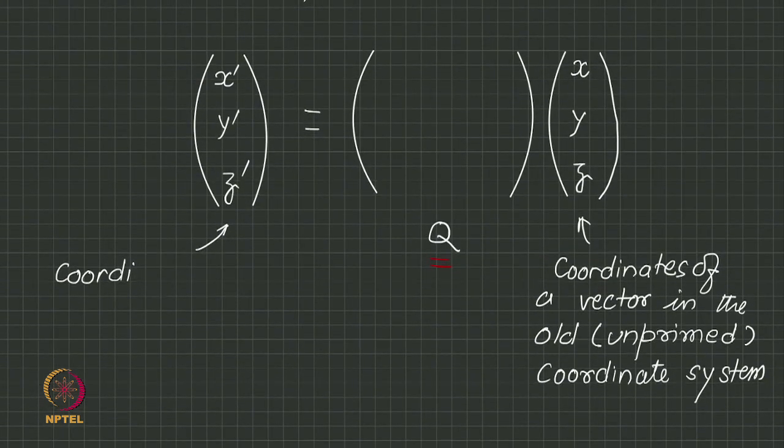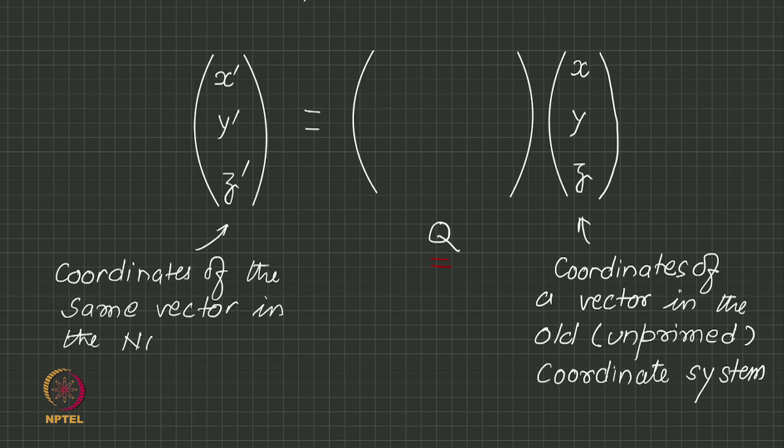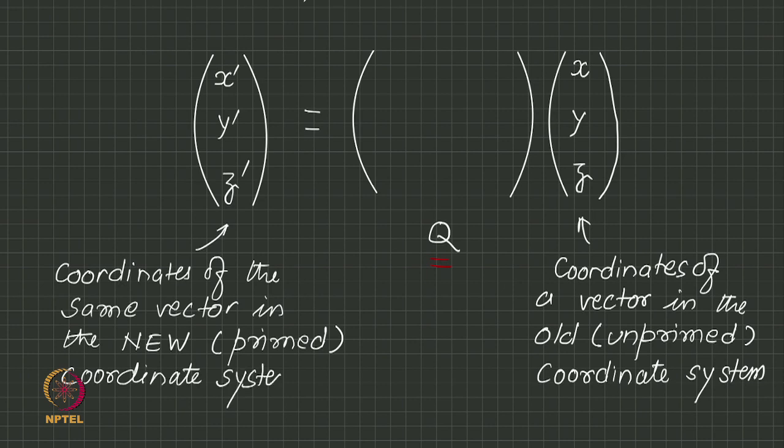So, what should this coordinate transformation matrix do? It is supplied with the old coordinates, the matrix multiplies the old coordinates and gives you the new coordinates. So, the coordinates of the same vector in the new, or because of my notation I am calling it primed, coordinate system.